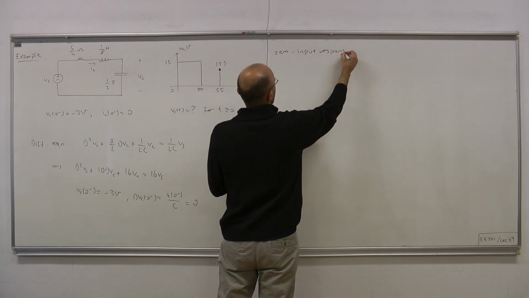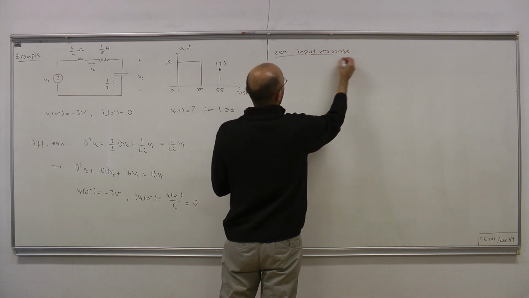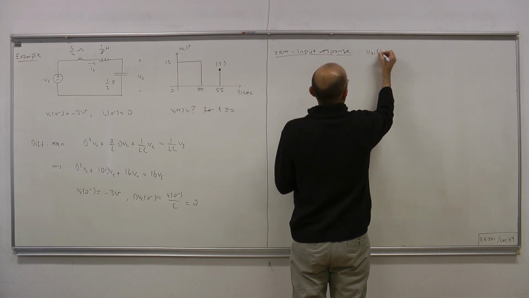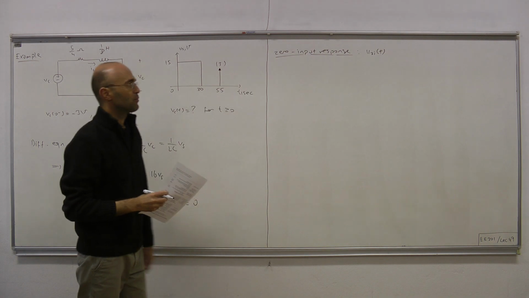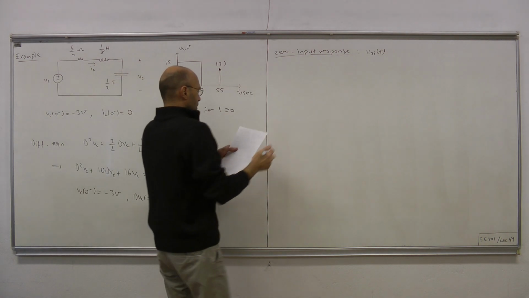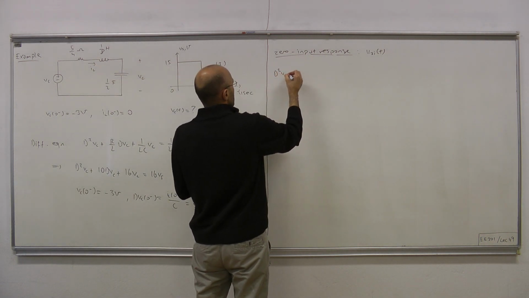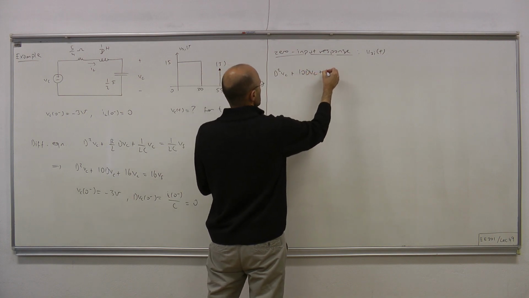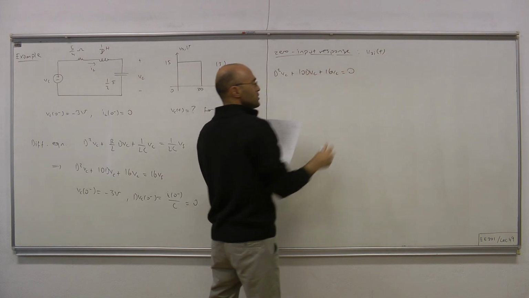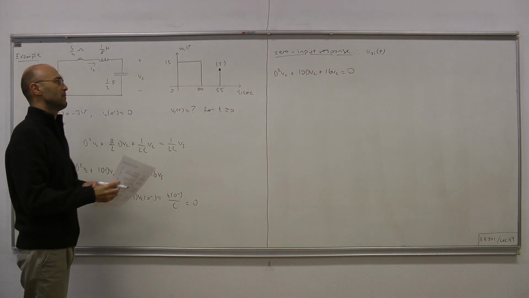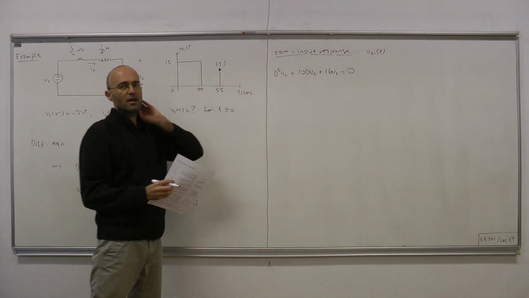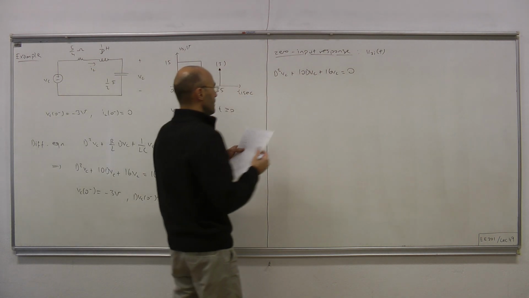Let's call it VZI(t) for the capacitor voltage. Now, d squared VC plus 10 dVC plus 16 VC equals 0. We kill the source, therefore the differential equation becomes homogeneous.